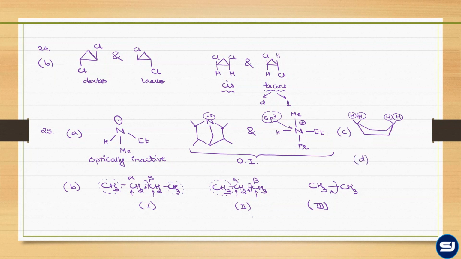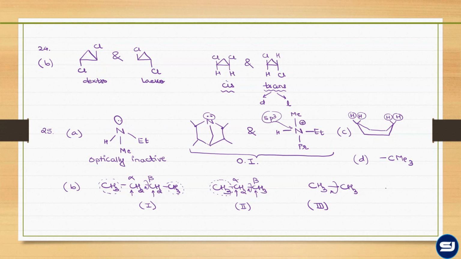Then we have the D, tert-butyl substituted cyclohexane. Most stable chair conformer has tert-butyl, CMe3, matlab tert-butyl group on equatorial position. As per the rule, a bulkier substituent will always be preferred at equatorial. So what is tert-butyl?